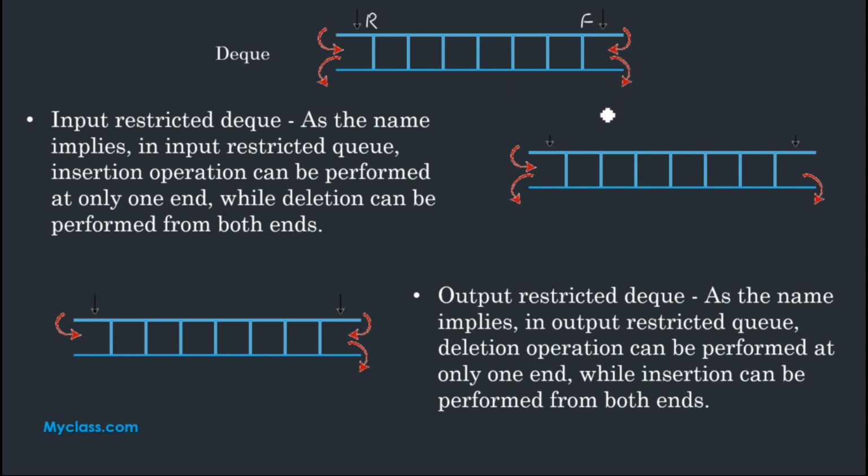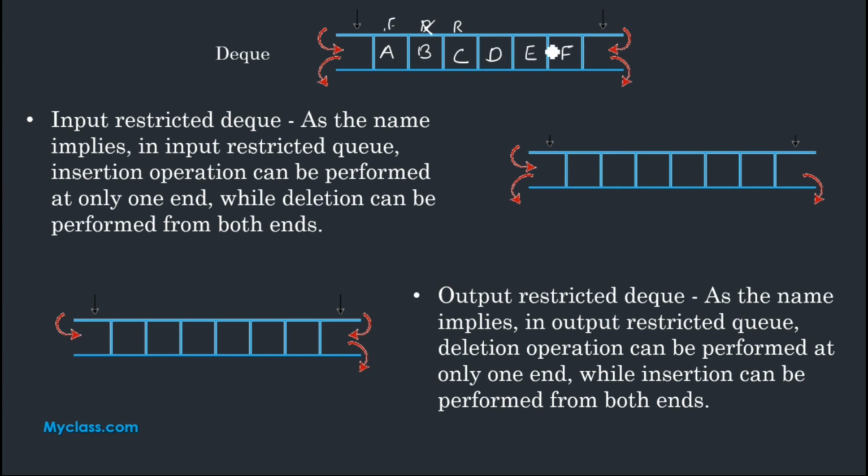First, rear and front are pointing at the very first position. So if A is inserted, front and rear point to this position. Now if B is inserted, the front is here and rear is here. We want to insert one more element, C. So now rear is here and front is here.